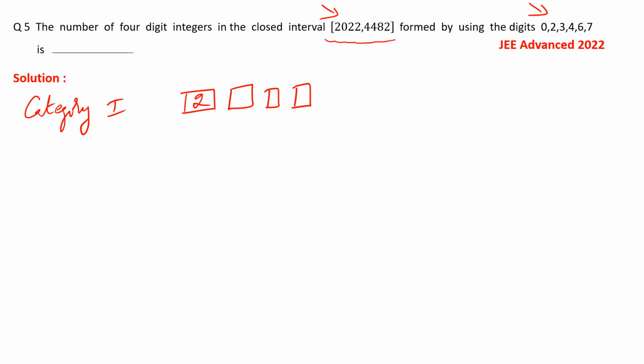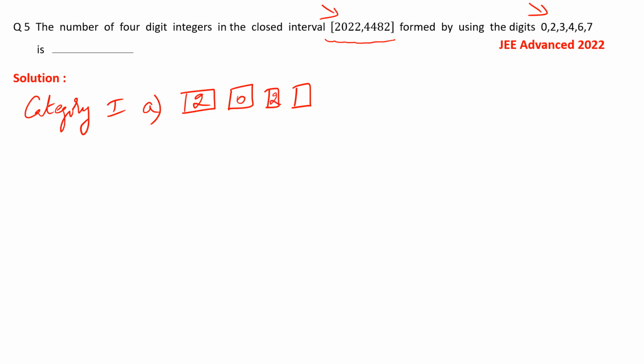Now in this particular category, I will be making few subcategories. Now this is the first subcategory that I am going to discuss. I have fixed the first digit as 2 and the second digit I am taking as 0, right? Third digit again I am fixing as 2.